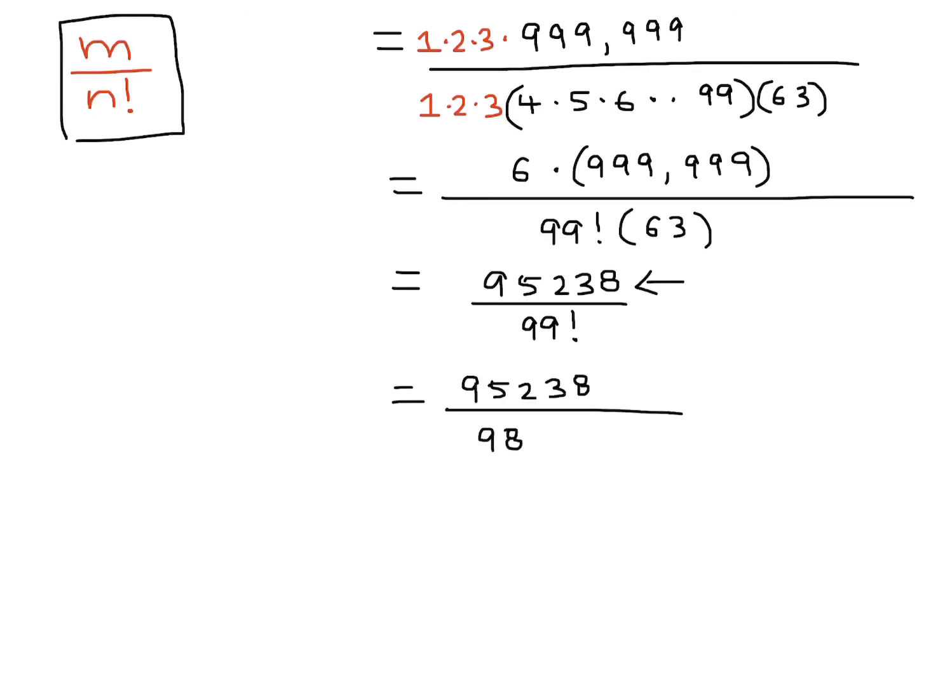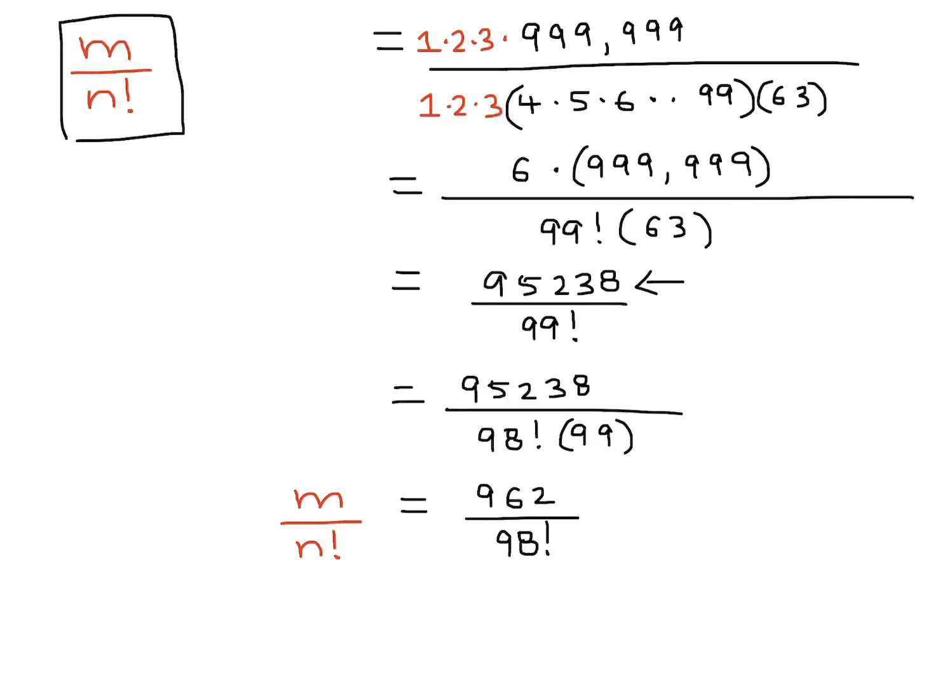How about if I make it 98 factorial and then I take out the 99 and put it there? If I do that and then I take those two numbers and divide them, I will get 962 over 98 factorial, like that. And this is indeed in the form m over n factorial, where n is as small as possible.